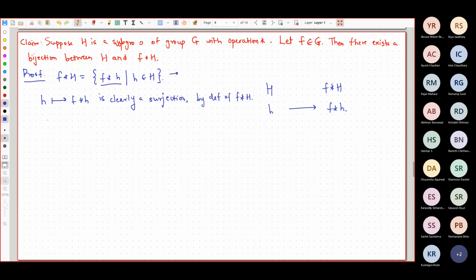Is it possible that h gets mapped to f star h, and some h prime gets mapped to f star h prime, and that these two are actually equal?